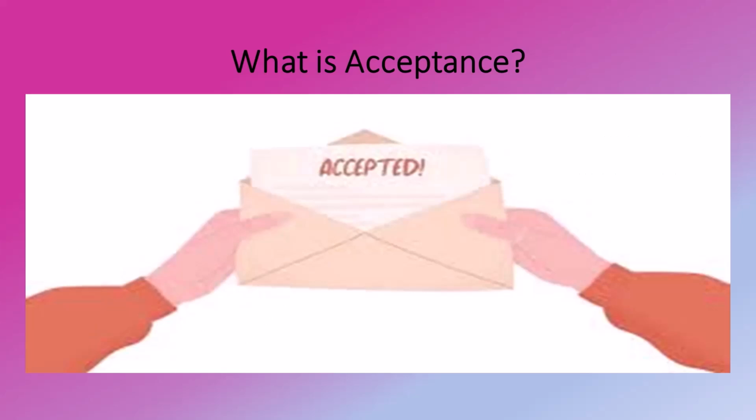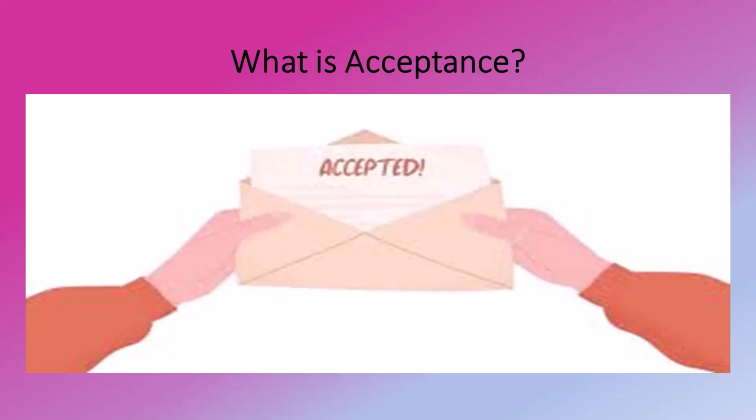Now, let's begin with understanding acceptance. What is acceptance? Acceptance refers to an act of giving consent by the offeree. The offerer is the person who makes an offer, while the offeree is the person who receives the offer and he can accept or reject it.